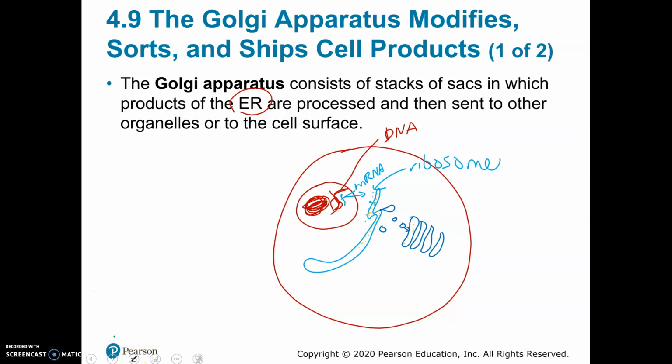And then finally, little buds will come off of this and fuse with the cell membrane like this and dump these contents out. So maybe this was a hormone that your body needs, and this will get dumped out into your bloodstream where it can be carried to another location. So that's called the endomembrane system, because you actually have little pieces of the membranes of these different organelles that break off and fuse with other organelles to work together to make proteins and lipids for your body.